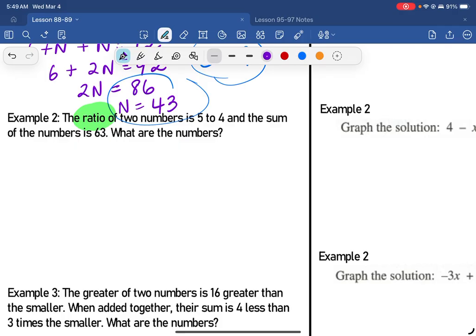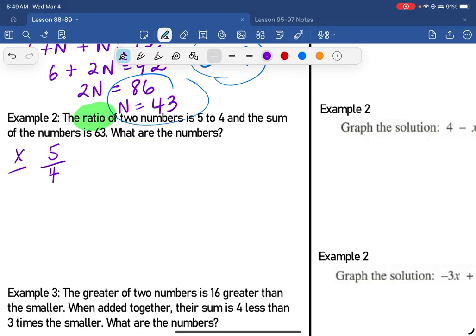First, you're going to set it up as a ratio. Okay, so you're going to say 5 over 4. All right, and let's see. It says here the sum of the numbers is 63. Okay, well, before I jump to that, let's use x and y.